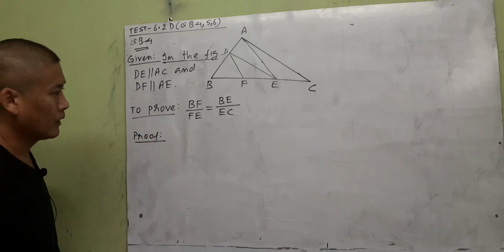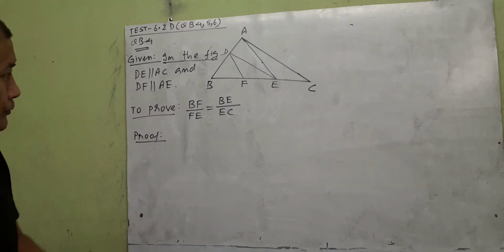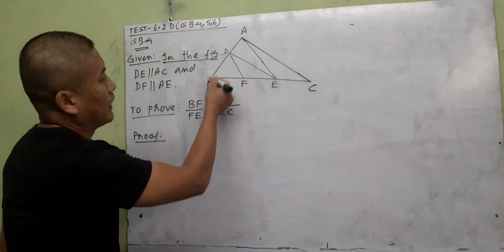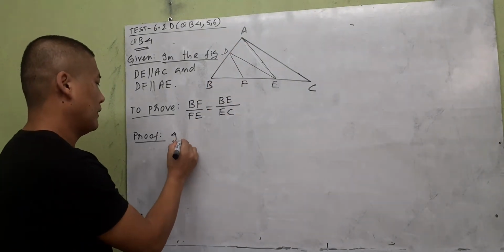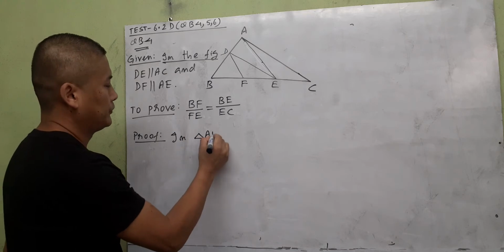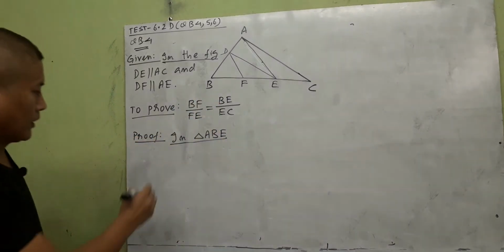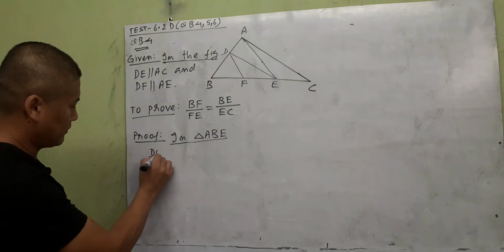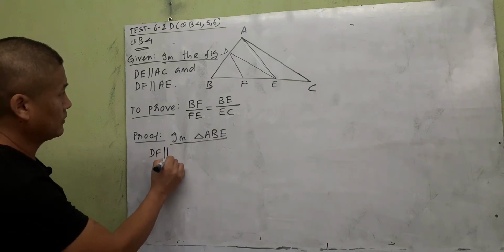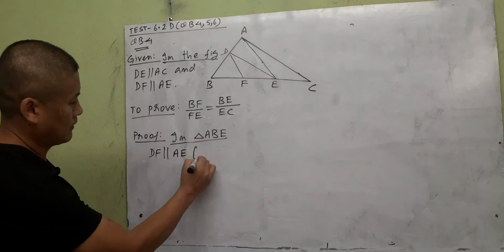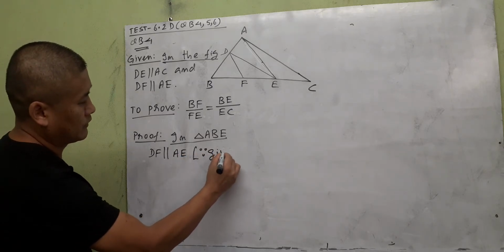Let us see this portion of the triangle. Let us take triangle ABE. In this triangle, DF is parallel to AE, because it is given in the question to us.